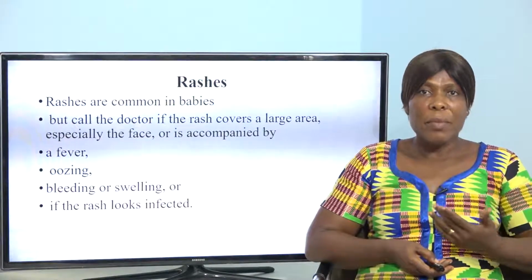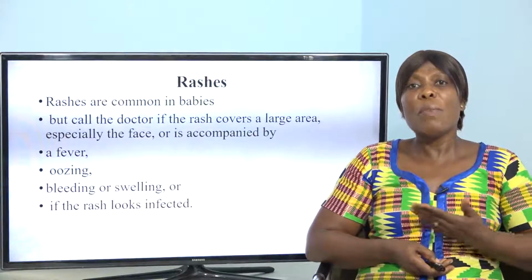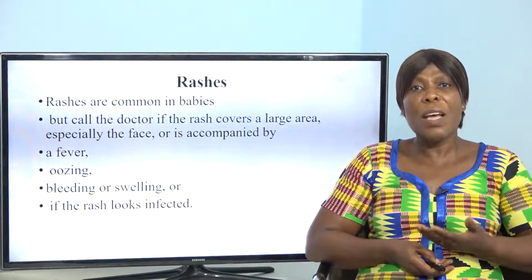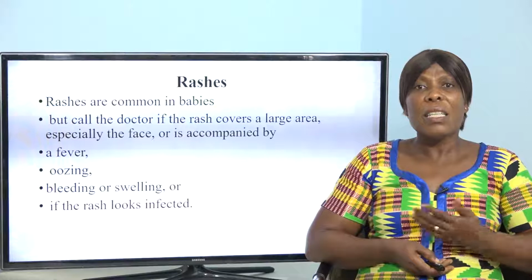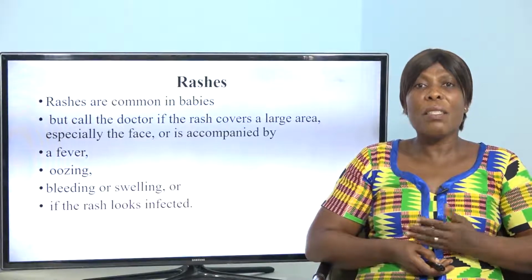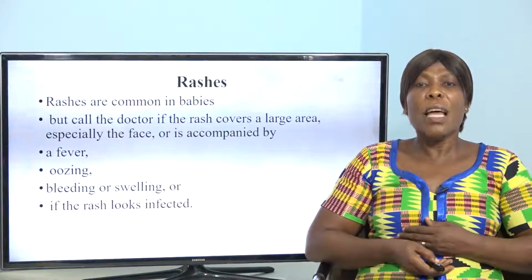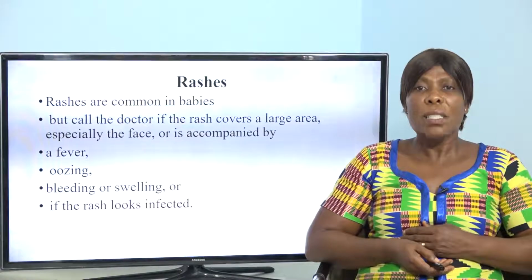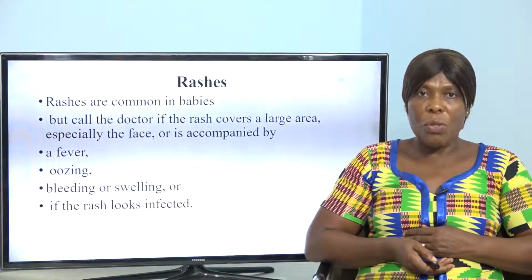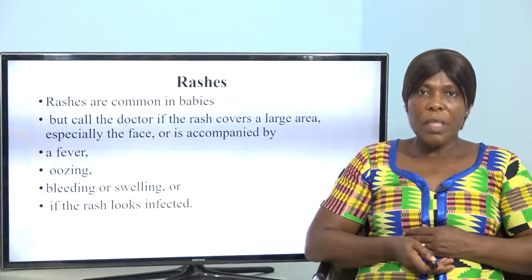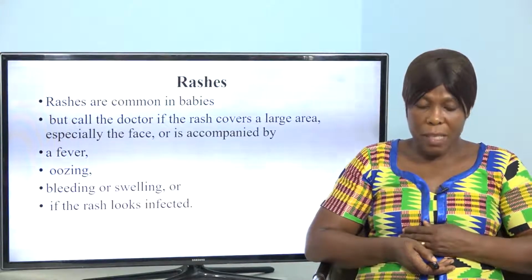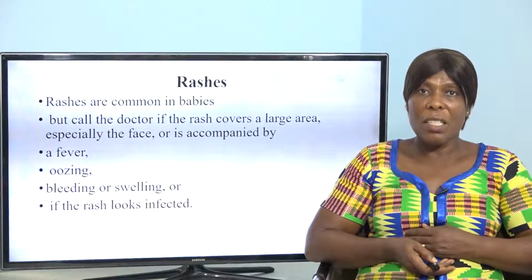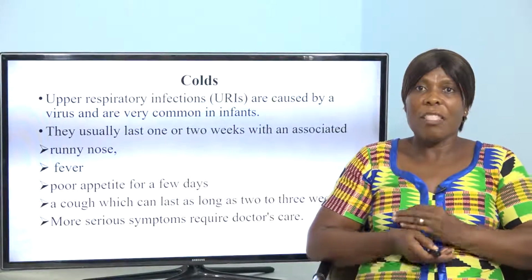Some of them may be accompanied with fever, bleeding, and swelling. So it depends on the type of rash and where it's occurring, and then quickly you see what to do about it. Because some of them may be infected, so you look for infection around this rash.